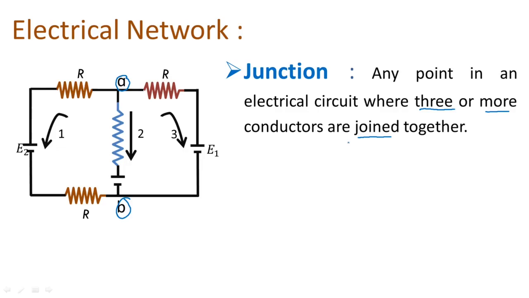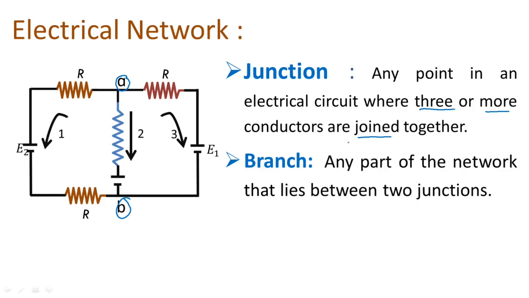While discussing the first law, the junction, we have to consider another term, the branch, that is any part of the network that lies between two junctions. Here we are observing three paths, path 1, path 2 and path 3, that lie between the two junctions.